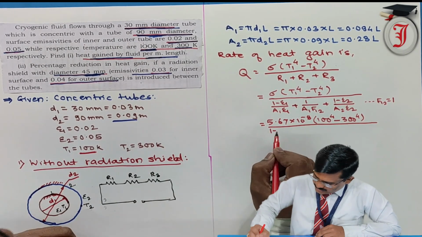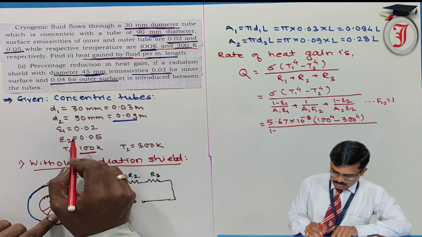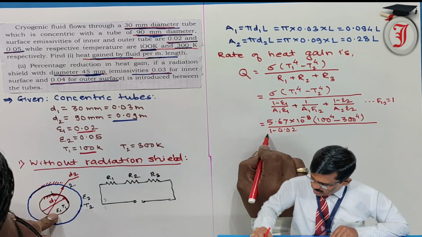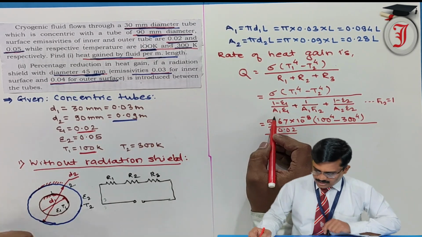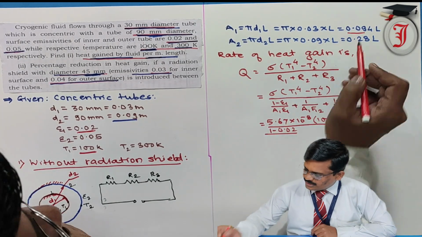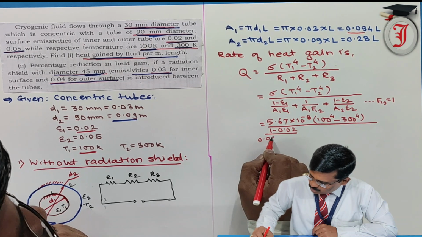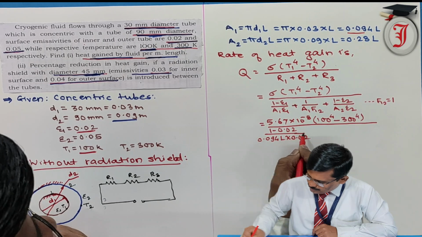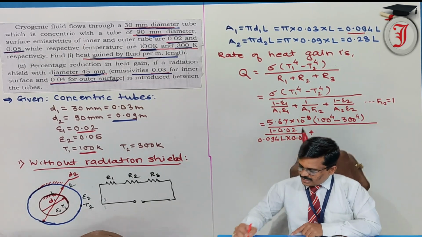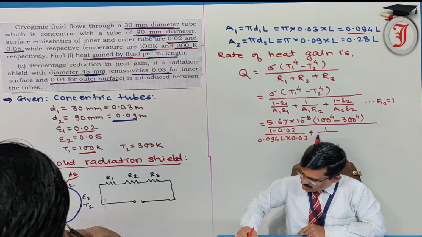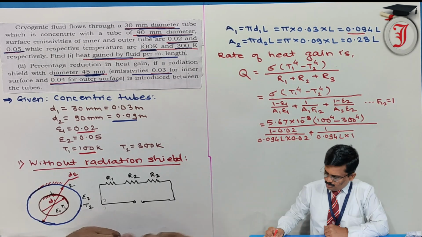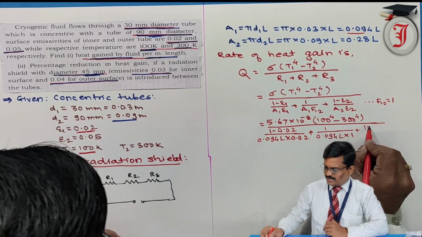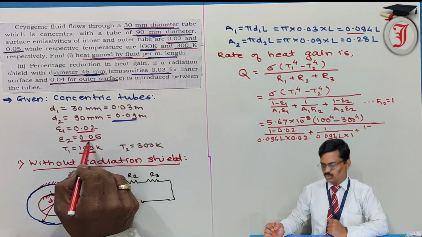So 1 minus epsilon 1, the value of epsilon 1 is given as 0.02, divided by A1, the surface area A1, which is 0.094 L, into the emissivity 0.02, plus A1 is 0.094 L into 1, the shape factor F1-2.